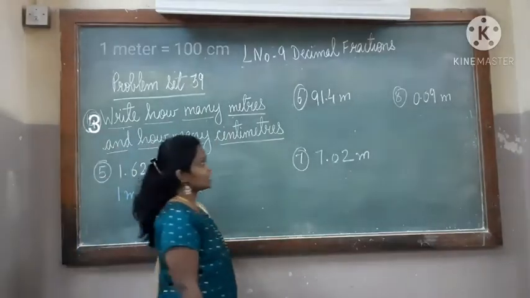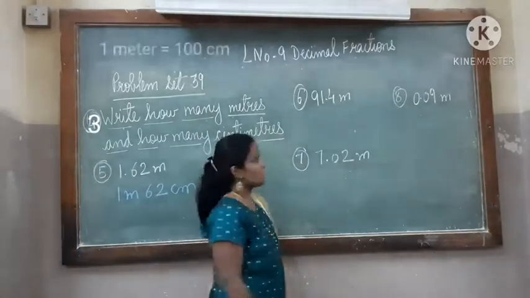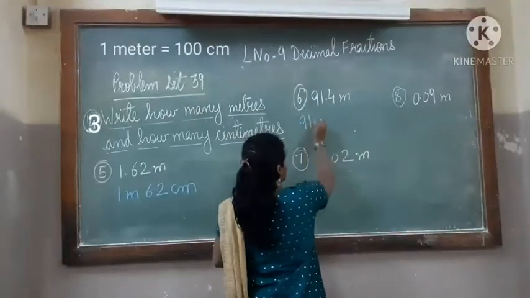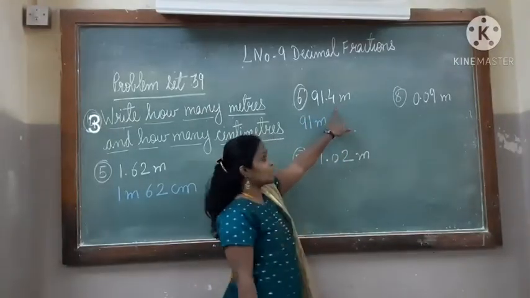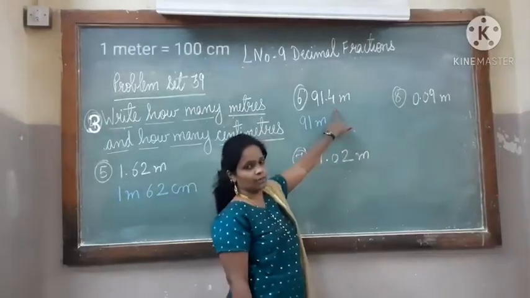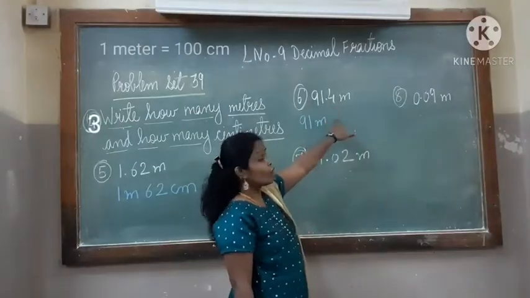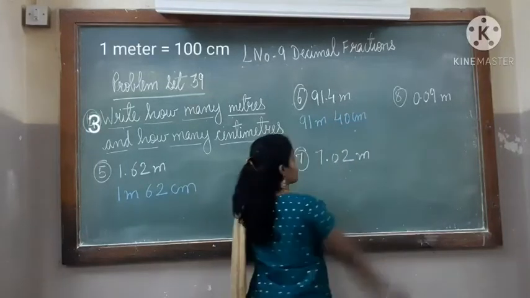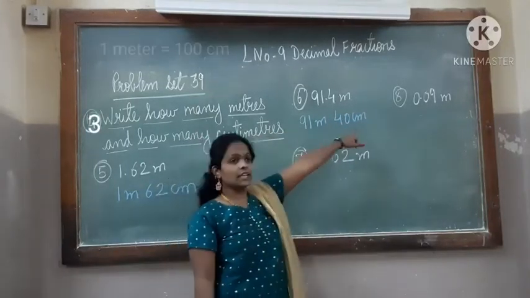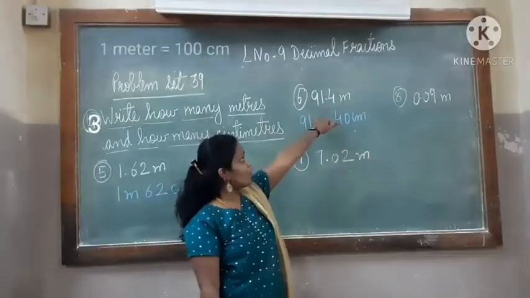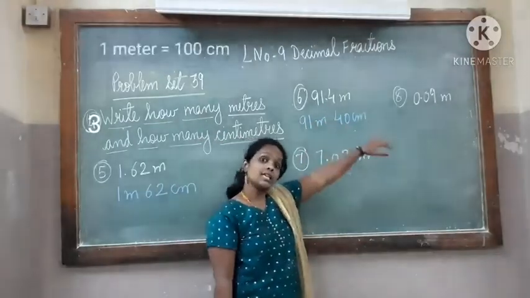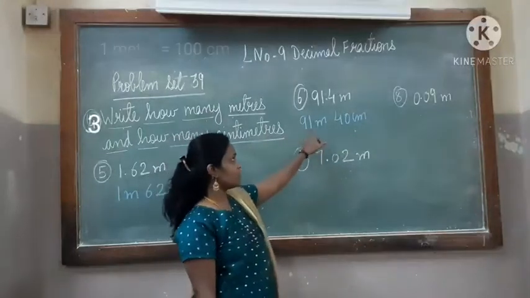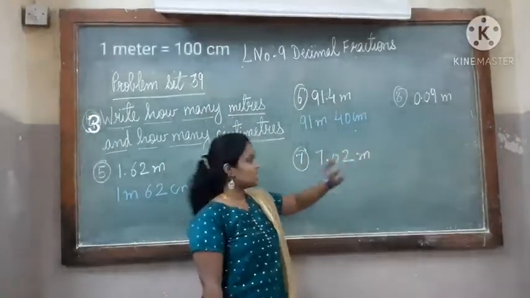The sixth one, 91.4 meters. Now 91 meters and it will be 40 centimeters because we are converting into centimeters. It will not be 4 because we are writing in centimeters. So the 4 will change to 40 centimeters. So the answer will be 91 meters 40 centimeters.